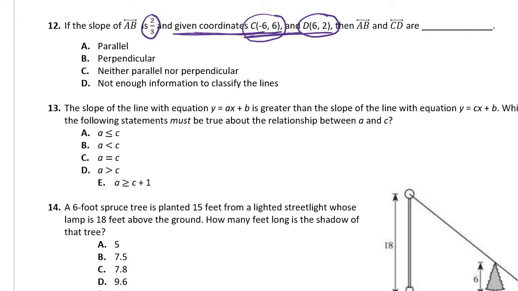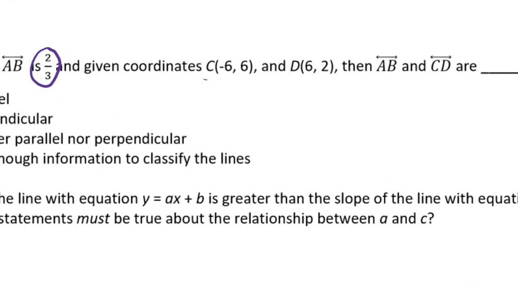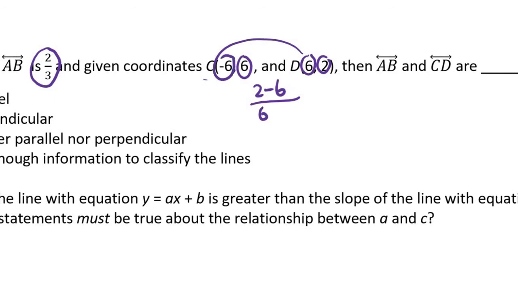All right, so if you remember what I showed you at the beginning, I don't need to do any work. Remember, this is about strategy. I just do 2 minus 6, and then over 6 minus negative 6. Okay, that will be negative 4 over 12.